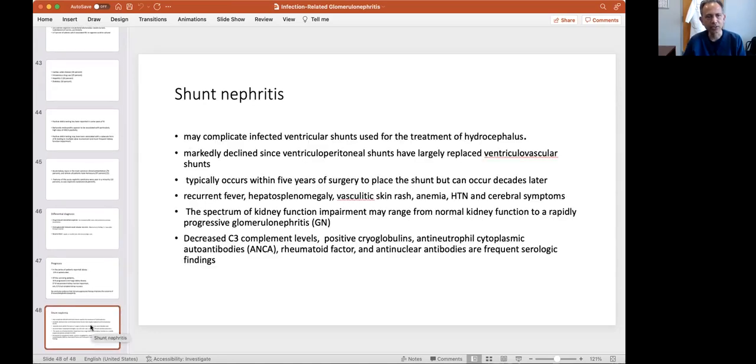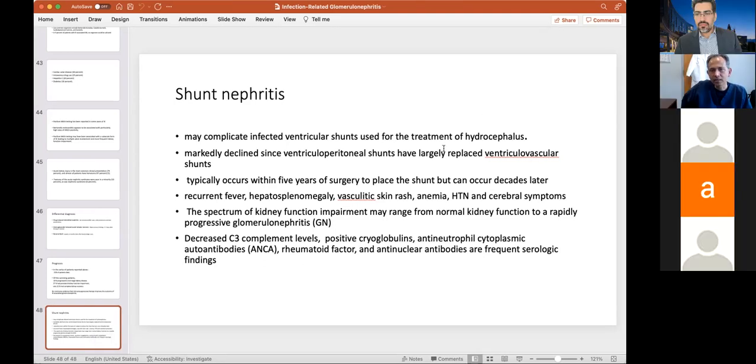Just briefly about shunt nephritis, it is very uncommon now, thankfully, because different procedures are being used for hydrocephalus treatment. It used to be a ventriculovascular shunt, between the ventricle and the heart or vessels, but now the shunt is between the ventricle and the peritoneum, so it's much less likely.